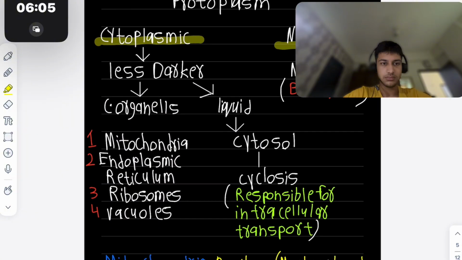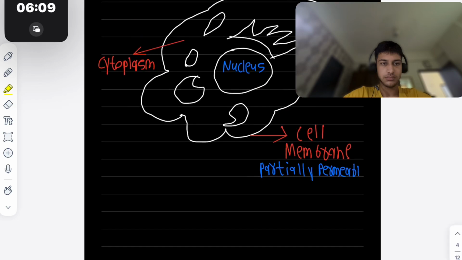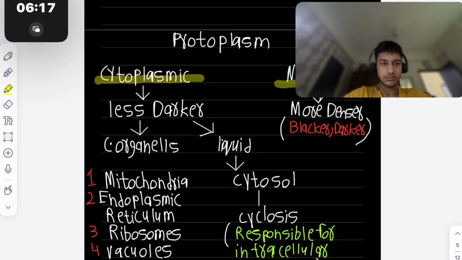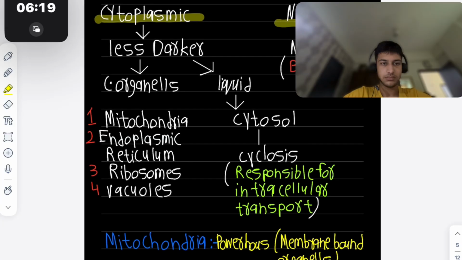So what is the cytoplasmic? When we talk about cytoplasmic, we are talking about the cytoplasm. It is less darker. So now these are the cytoplasmic organelles, which are going to be inside this cytoplasm.